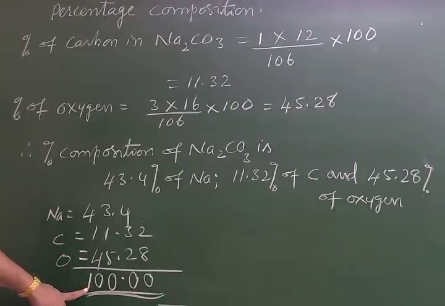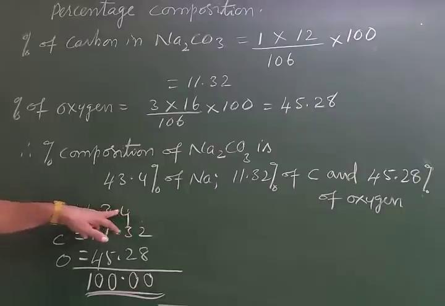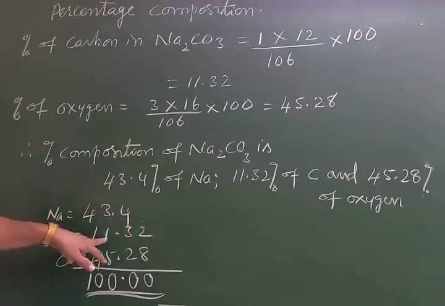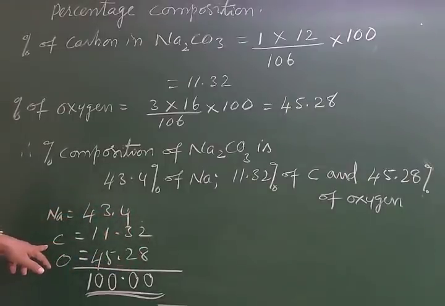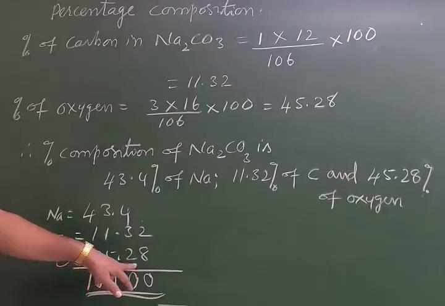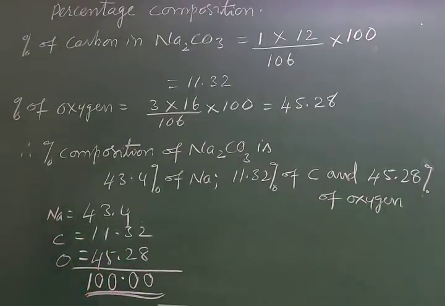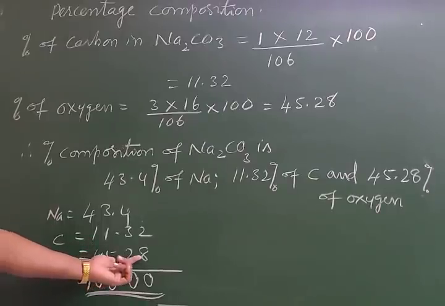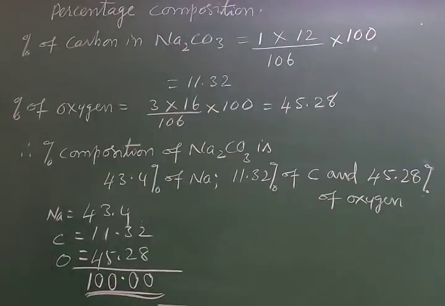100 parts by mass contains 43.4 parts by mass of sodium, 11.32 parts by mass of carbon and 45.28 parts by mass of oxygen. You can predict this as 100 kilograms of sodium carbonate contains 43.4 kilograms of sodium, 11.32 kilograms of carbon and 45.28 kilograms of oxygen.